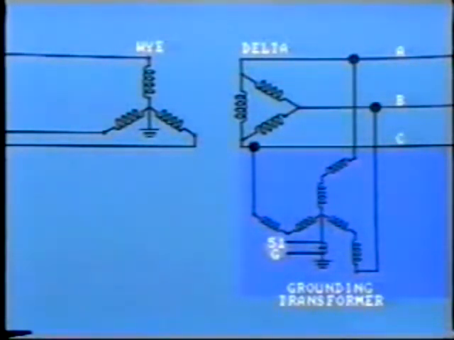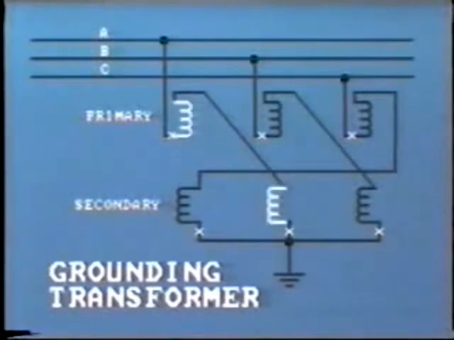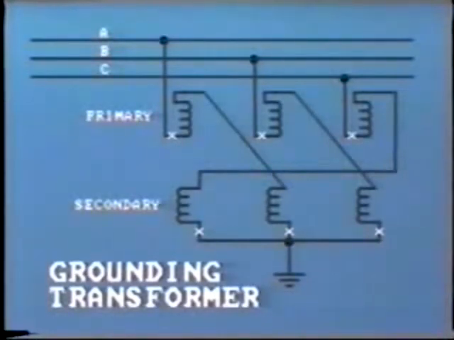The transformer works on a 1-to-1 ratio with the primary and secondaries connected together in a zigzag arrangement. Here we see the circuit diagram for this connection. You can see that the A primary winding is connected in series with B secondary and so on. This allows only ground fault current to pass through.